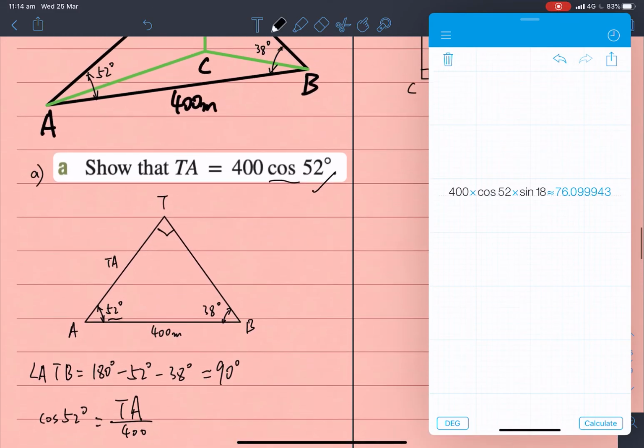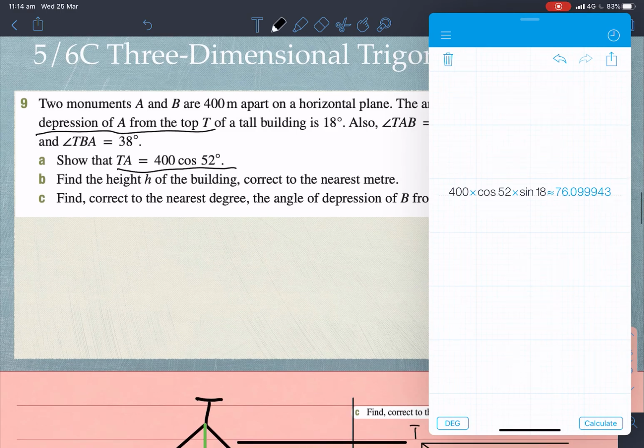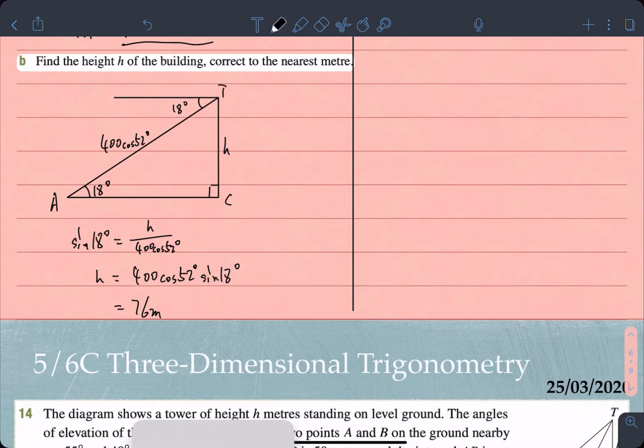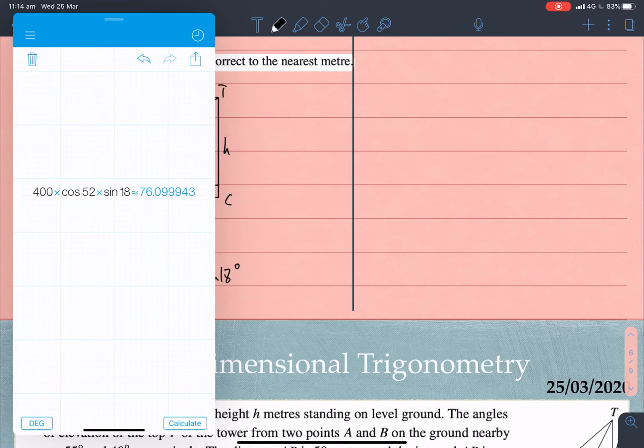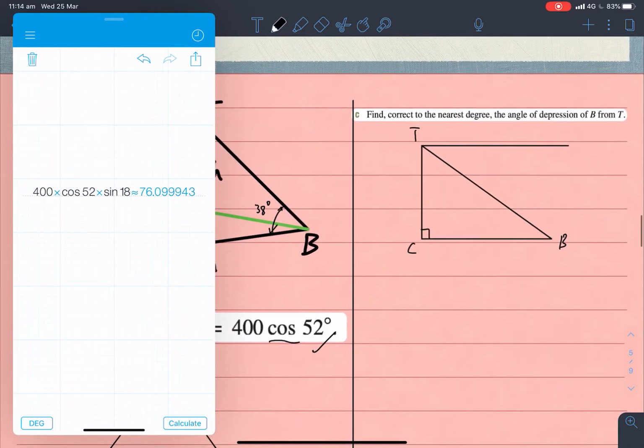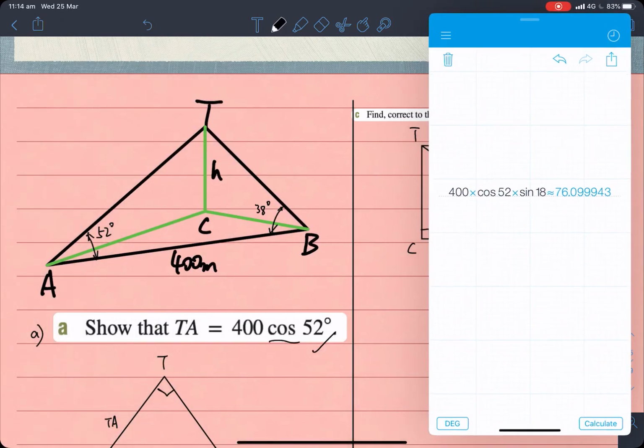What does it ask us to do? To round it to the nearest meter. So it's 76 meters.